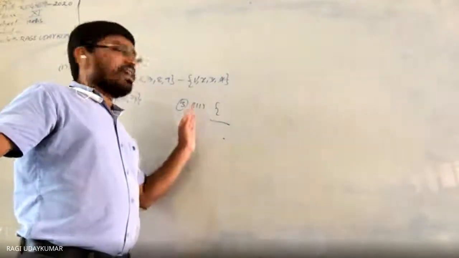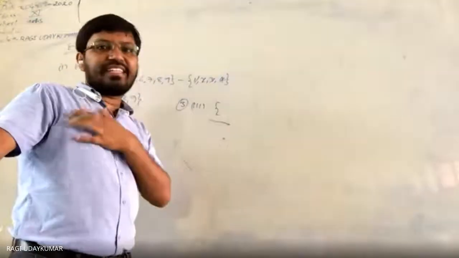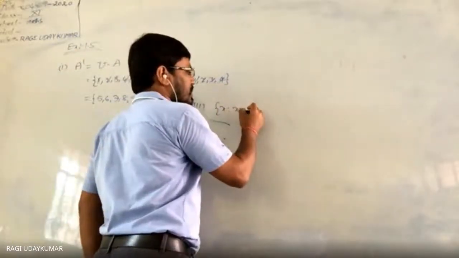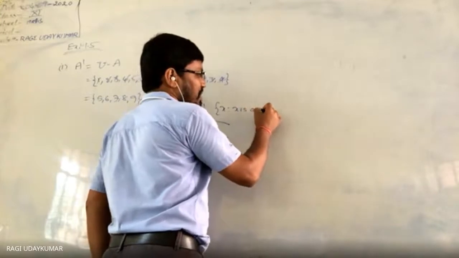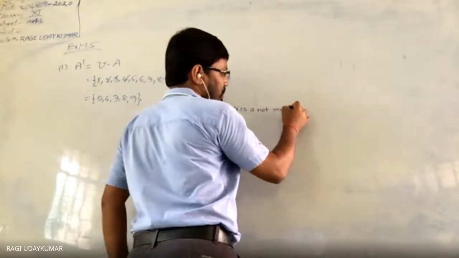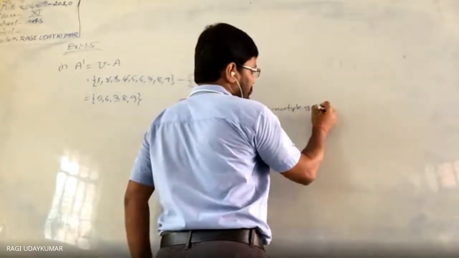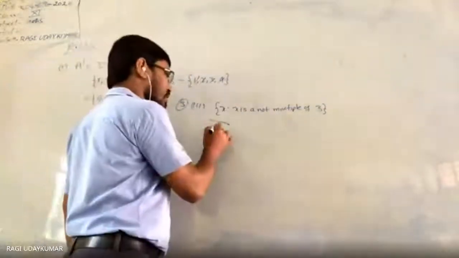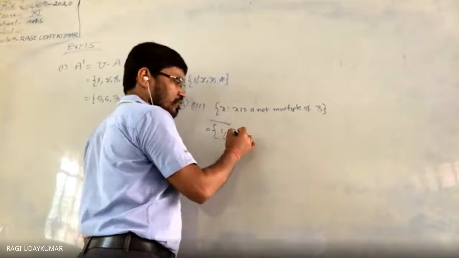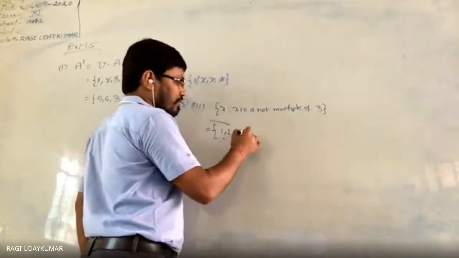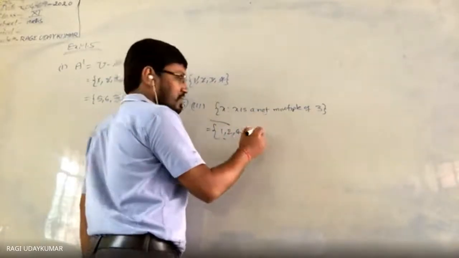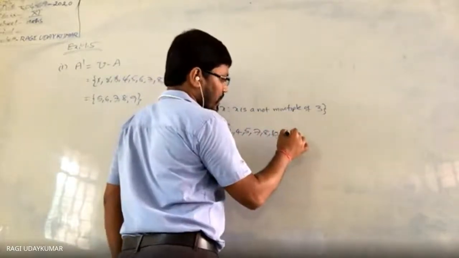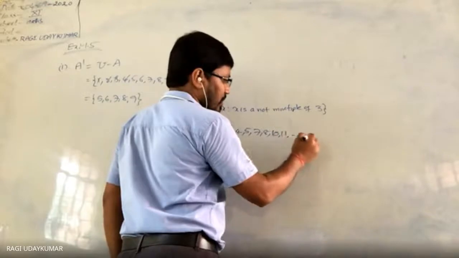Okay. So here the complement of multiples of 3 is asked. You can write x such that x is not a multiple of 3, other than the multiples of 3. Or if you want to write in roster form: 1, 2, leave 3, 4, 5, leave 6, 7, 8, leave 9, 10, 11.